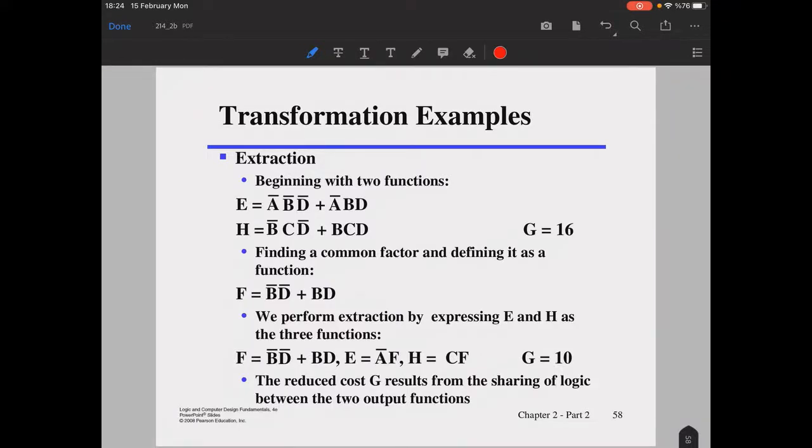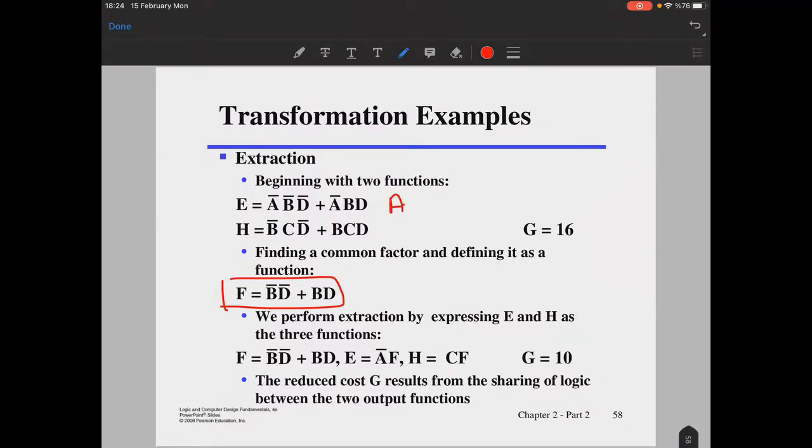And the extraction is using a common factor in two different functions, which reduces the cost significantly as well. It's a very nice trick for multiple level optimization. Look at this. Now you find a common factor and define it as a new function here. How is it possible?